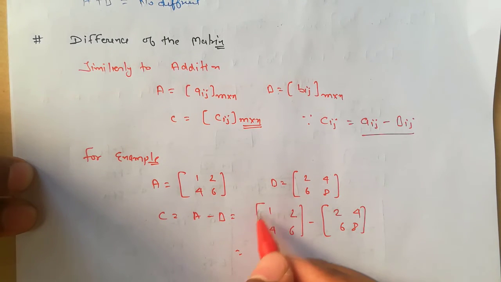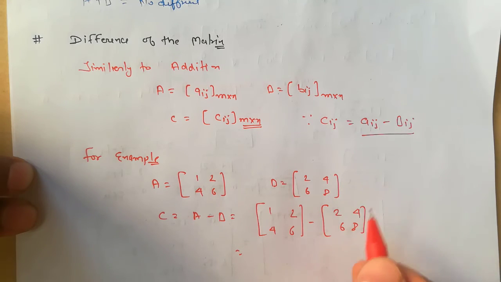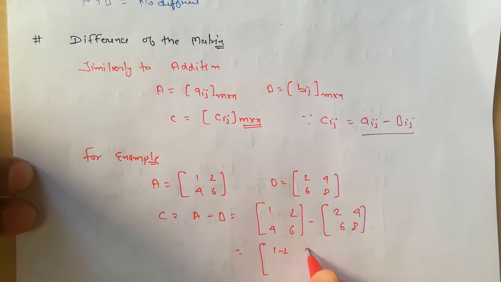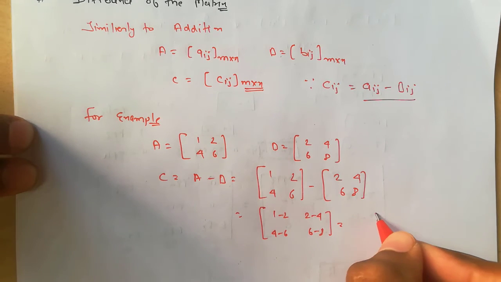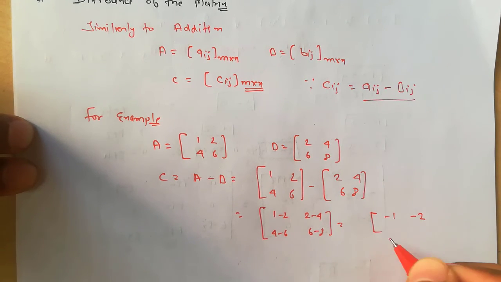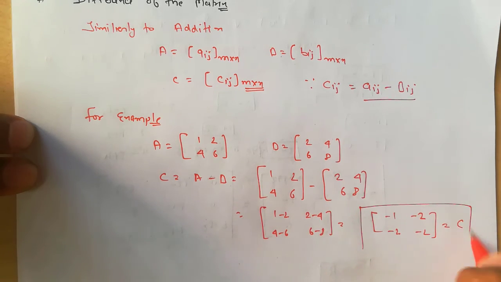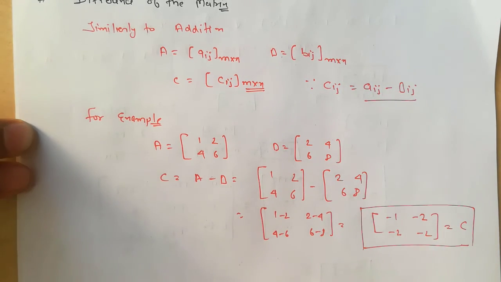Each element of matrix A will be subtracted by the corresponding element of matrix B. So 1 minus 2, 2 minus 4, 4 minus 6 and 6 minus 8. Then the result is minus 1, minus 2, minus 2 and minus 2. So this is the difference of matrices.